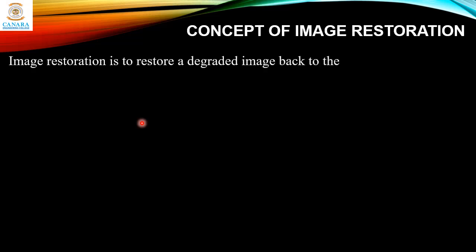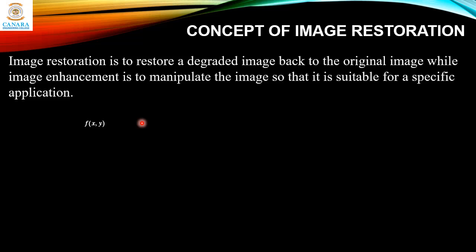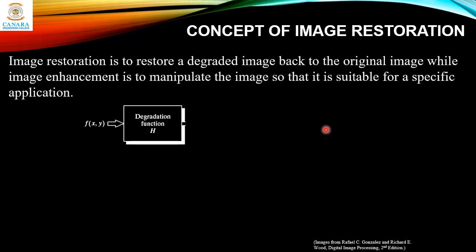So let's understand the concept of image restoration. Image restoration is to restore a degraded image back to its original form, while image enhancement is to manipulate the image so that it is suitable for a specific application, as we studied in the previous module. In restoration, we have an input image f of xy, which has gone through some degradation, represented by this degradation function h.